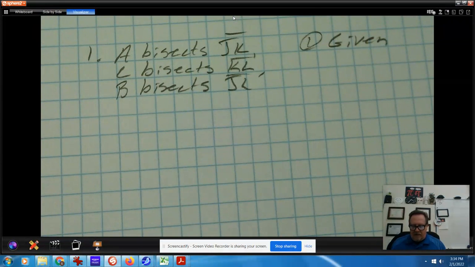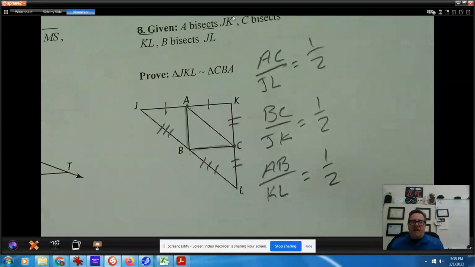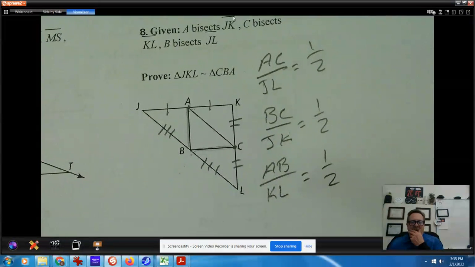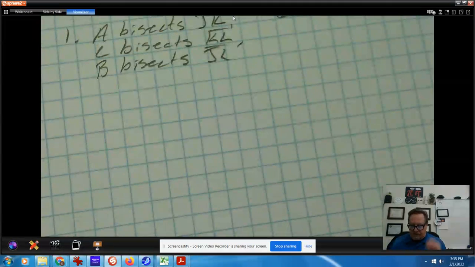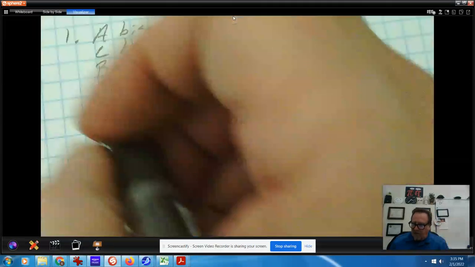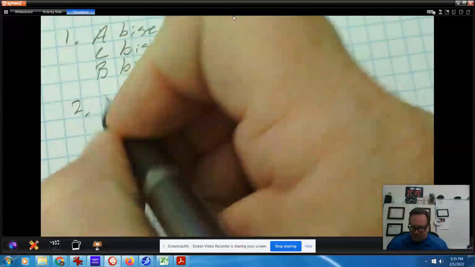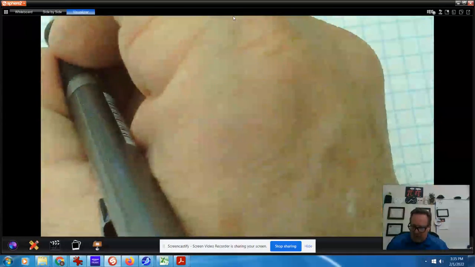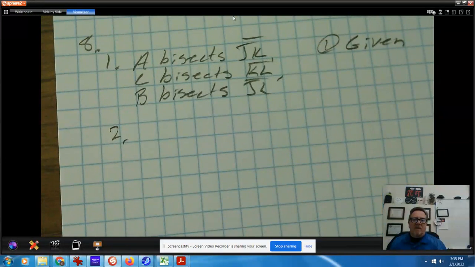Yay! Well, what does that mean? As I said before, that means that I can connect those midpoints to make mid segments. Right? I'm just going to go number 2. By the way, working on problem number 8, right? Problem number 8. First step was list the given.